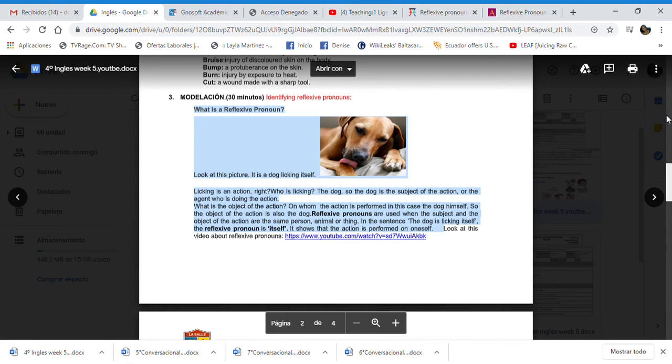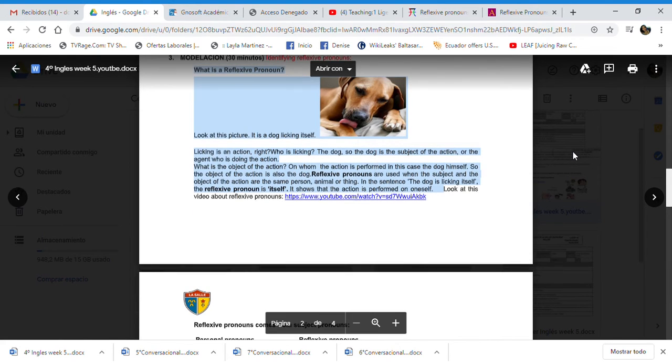The dog. So, the dog is the subject of the action, or the agent who does the action. What is the object of the action? The object of the action is the one on whom the action is performed, in this case, the dog himself. So, the object of the action is also the dog.